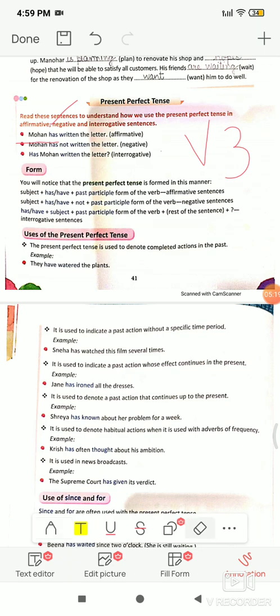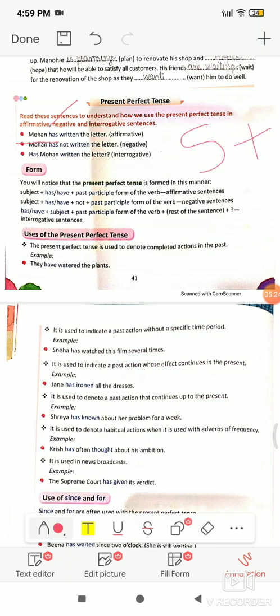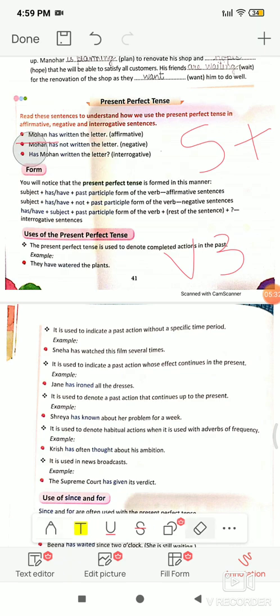Mohan is the subject. So subject plus has, have plus third form of verb. Mohan has written the letter. If I say they, it will become a plural subject. So they have written the letter. Right?